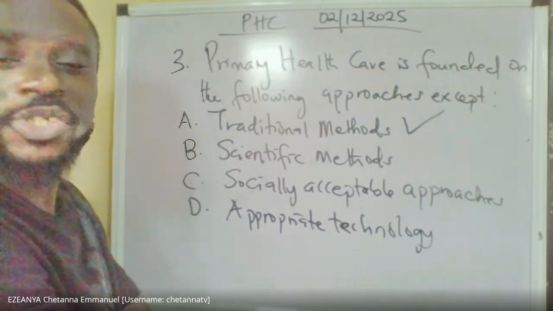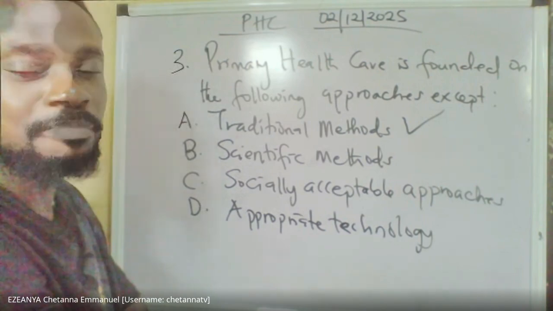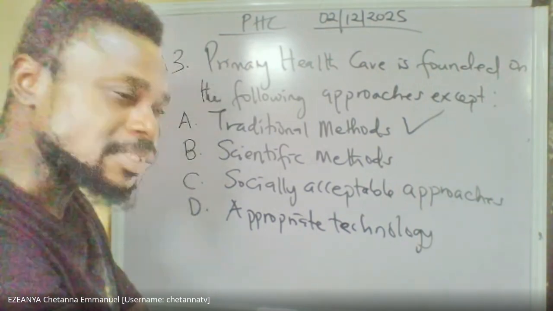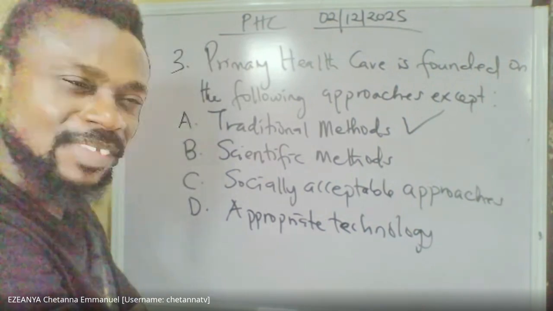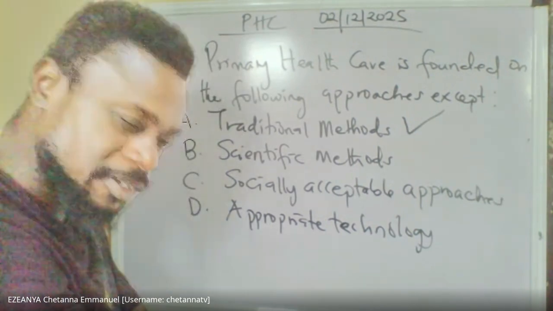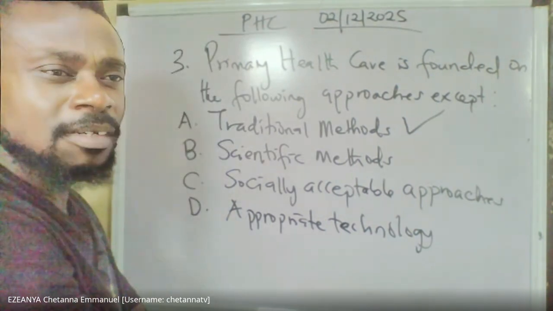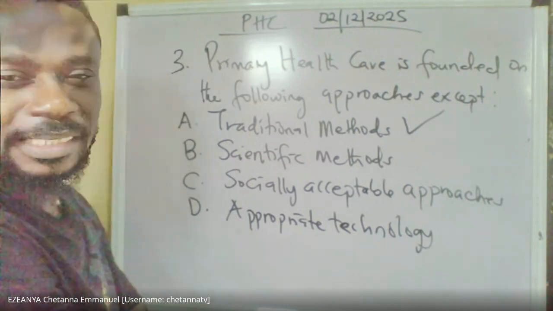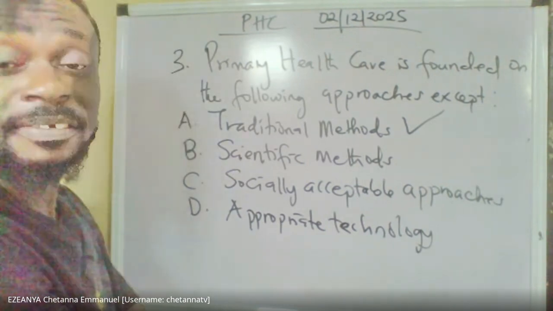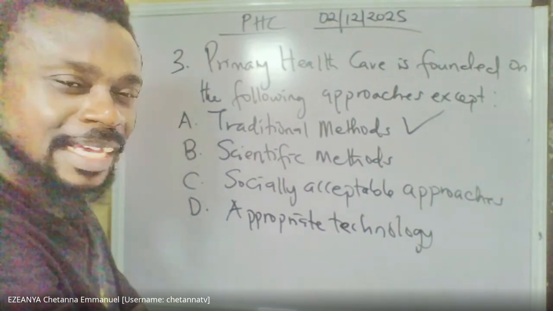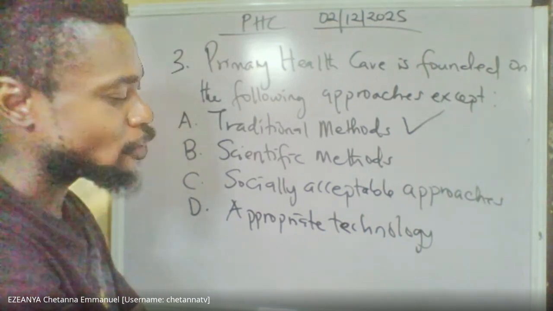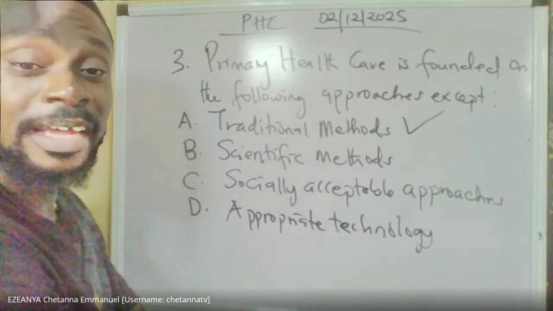It's not based on traditional belief because most traditional methods are non-scientific. They are not empirical, they are not evidence-based, they're just based on belief. So they cannot form the foundation for primary health care, because you're talking about people's health.